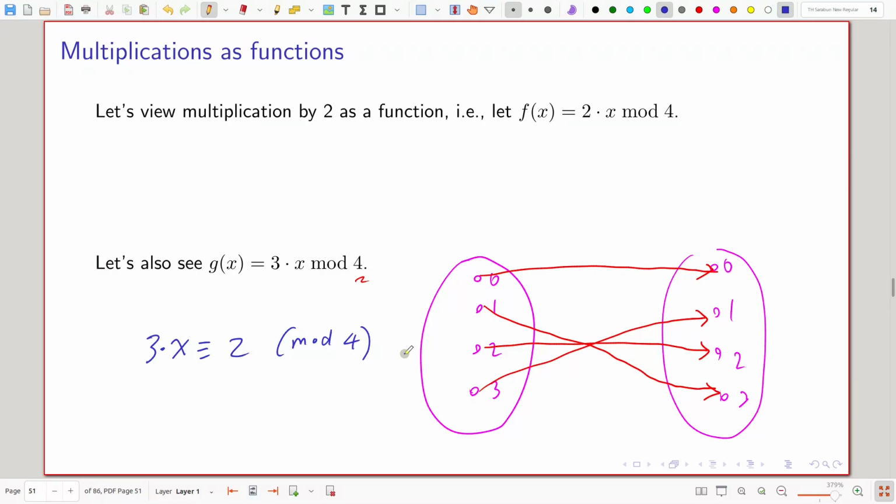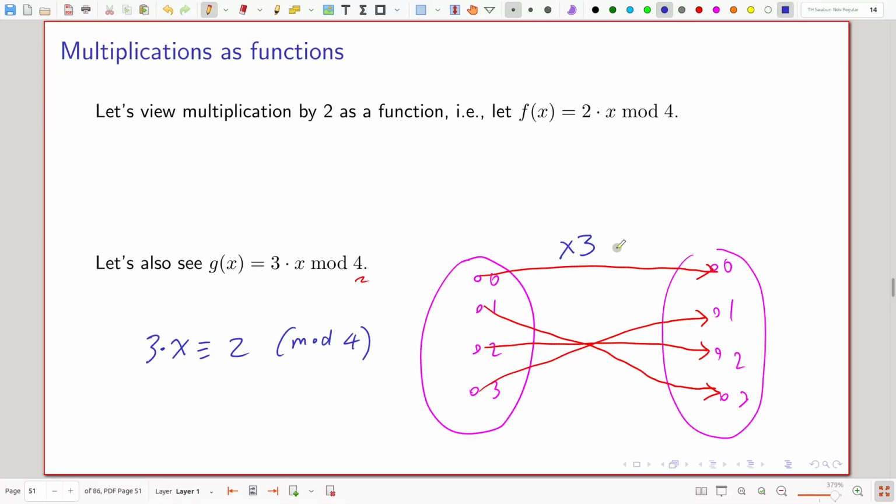This is a function that multiplies by 3, and I know that there's some number that after multiplying by 3 is 2. So that's x. I don't need division. Let division go home. I only need to find what x is.